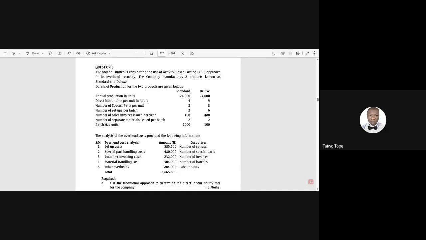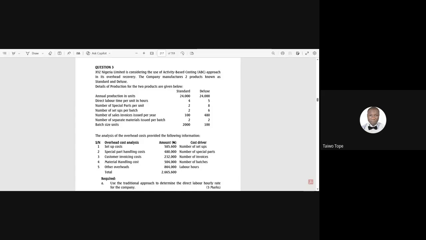And we talked about identifying overhead costs to activity cost pools and selecting appropriate cost drivers for each activity, and also computing cost driver rates.